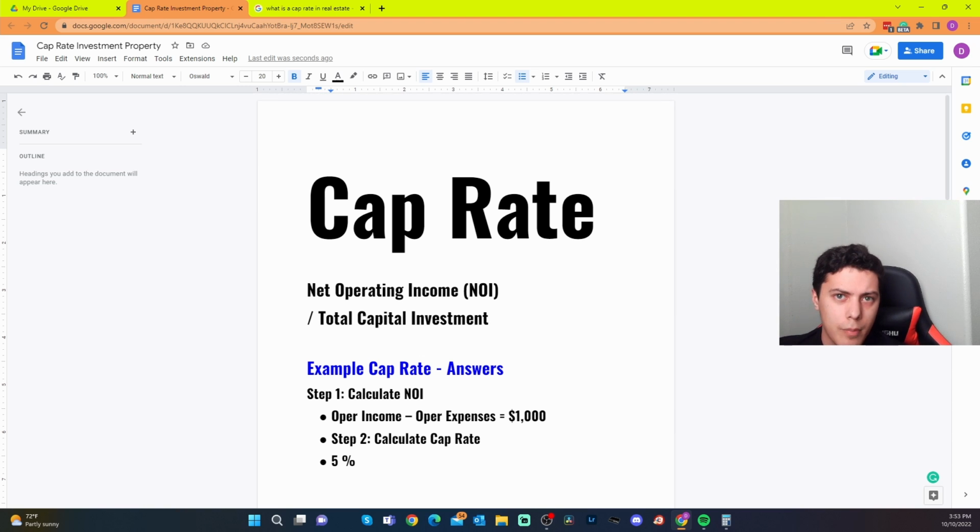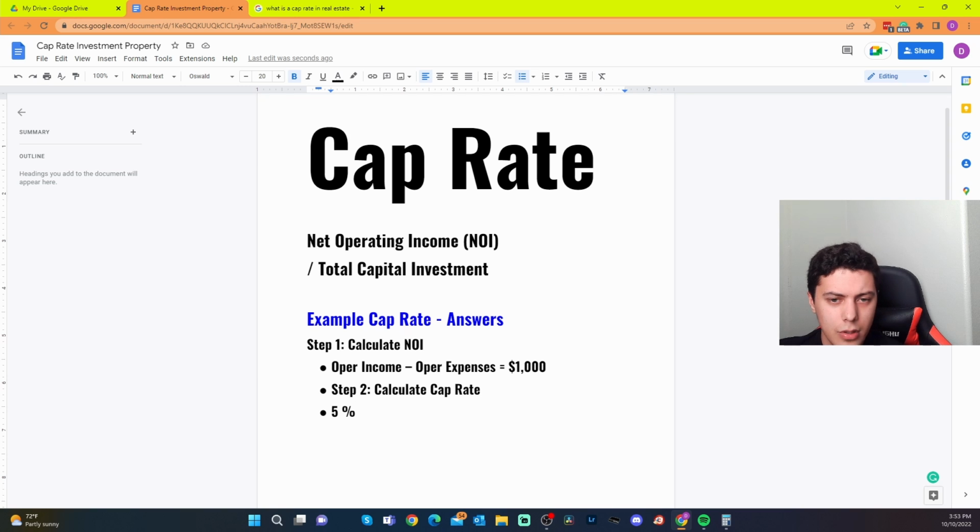So for example, for you guys to understand, the lower the percentage, so if you have a 5%, it's a lower risk. You don't need a lot of money to get into that property.